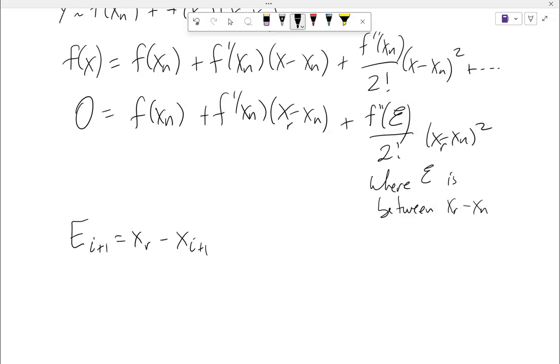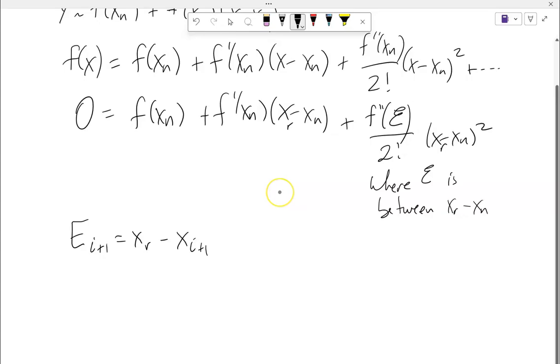All right. So we're trying to figure out what a bound is on this error. So if this is my i plus first error, we should also be able to play with this with the ith error here.